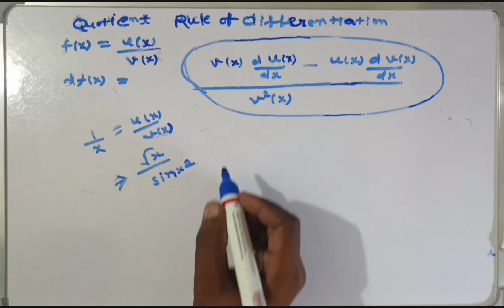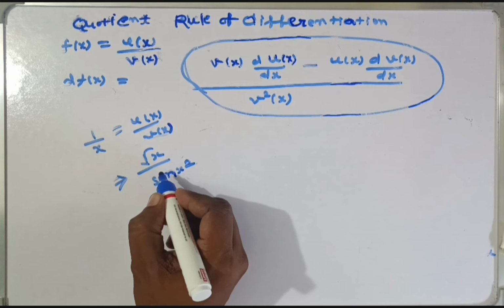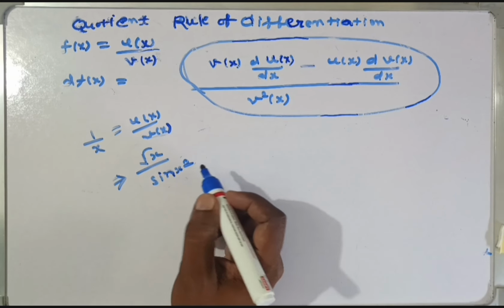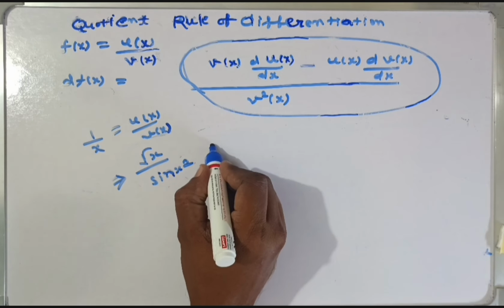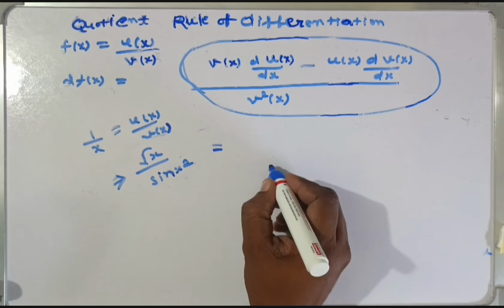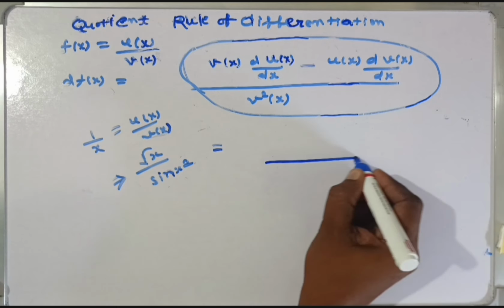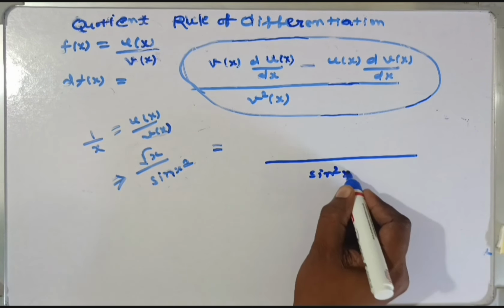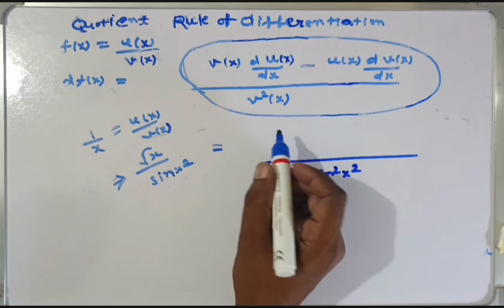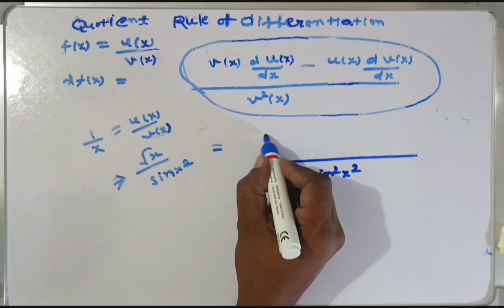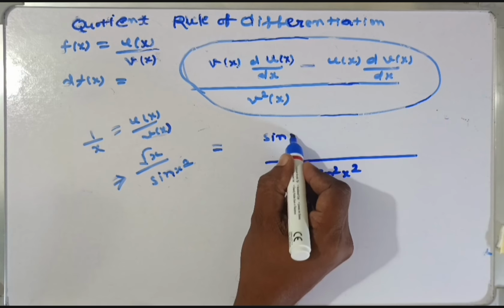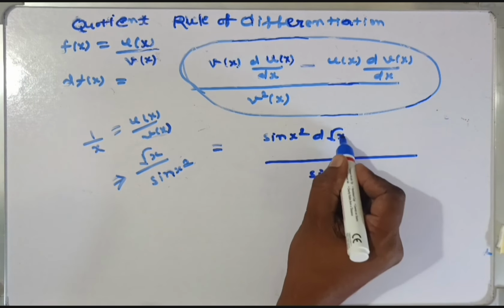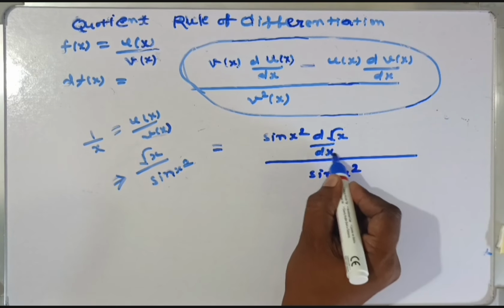Okay, now guys, the solution of this function, root over x divided by sine x square. We write equal to a big fraction line, then the square of the denominator, which is sine x square, then d of root over x, the derivative of x.